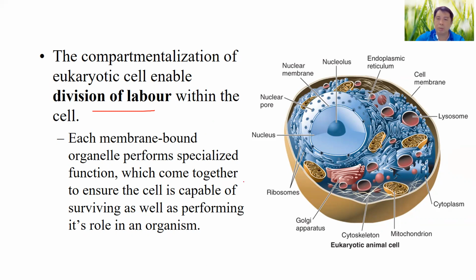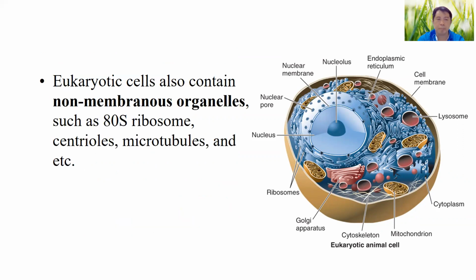The biochemical reactions in each organelle are independent, but at the same time all of these organelles come together to ensure the survival of the cells, because they are interrelated.